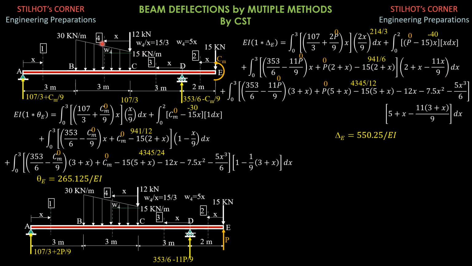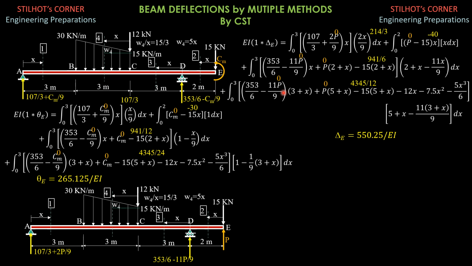Then at section 4, we have integral 0 to 3 of quantity 353 over 6 minus 11P over 9 times 3 plus x, then plus P times 5 plus x minus 15 times 5 plus x minus 12x minus 7.5x squared minus 5 over 6 x cubed.